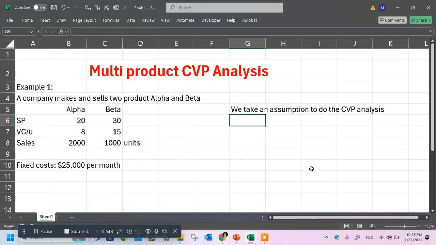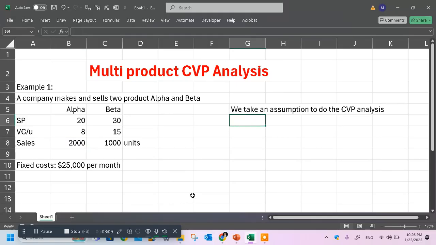What is the assumption? Look at the sales or demand: 2000 alpha and 1000 beta. If I simplify, if I leave these zeros, 2:1 is the ratio. Can you see? 2 alpha, 1 beta.